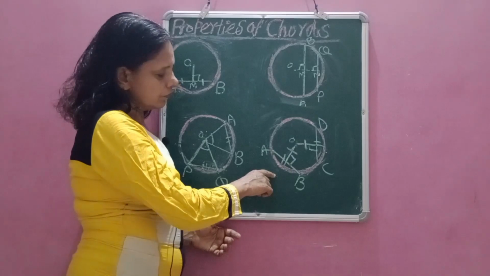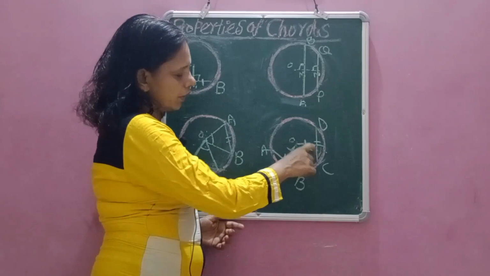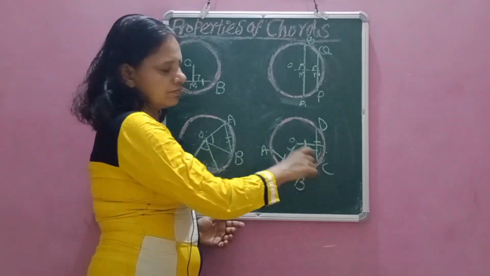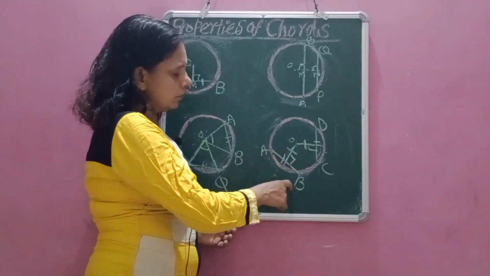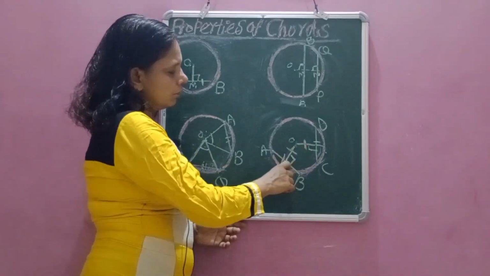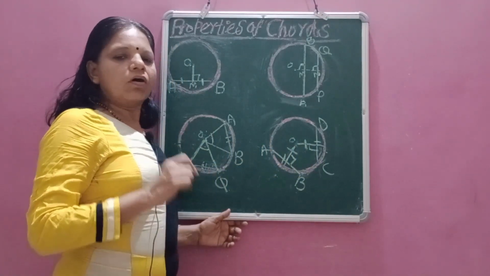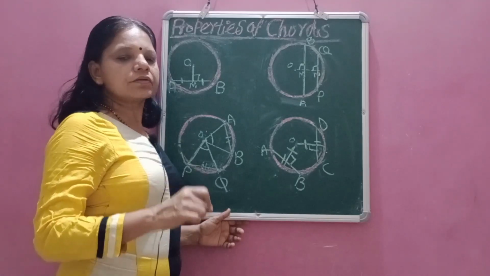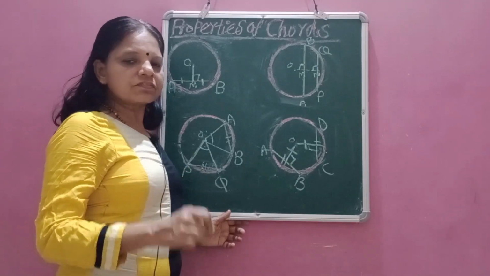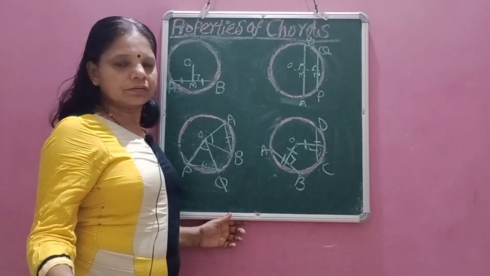So here the property is that if OM is congruent to ON, then AB is congruent to DC. Or if AB is congruent to DC, then OM is congruent to ON. What is the statement of this property? Congruent chords are equidistant from the center of the circle, or chords which are equidistant from the center of the circle are congruent.